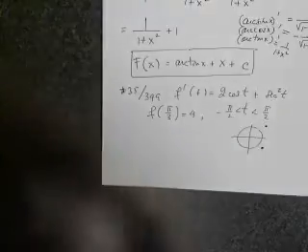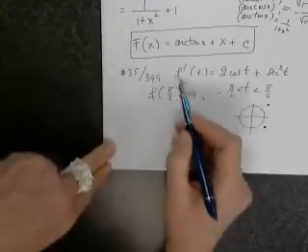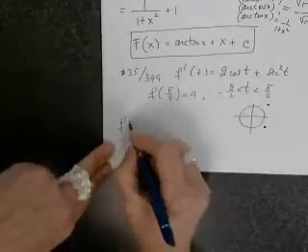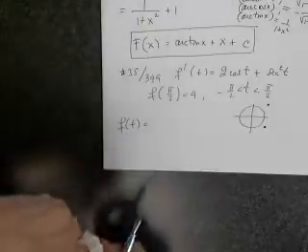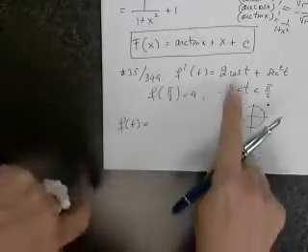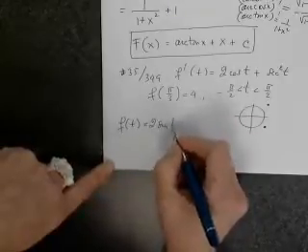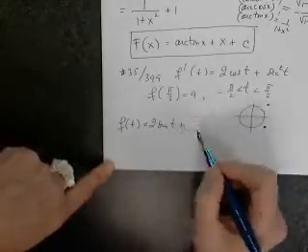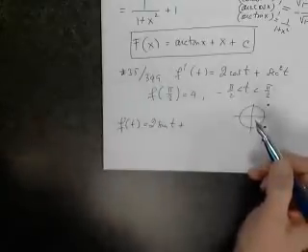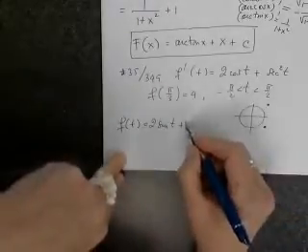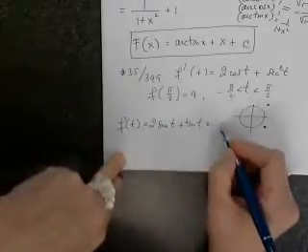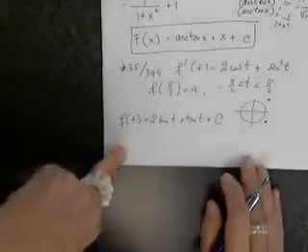Good. Okay, so since I'm given f prime, the notation will be f of t. Which function prime is 2 cosine t? 2 sine t, excellent. And plus, which function prime is secant squared? Very good. Plus a constant.